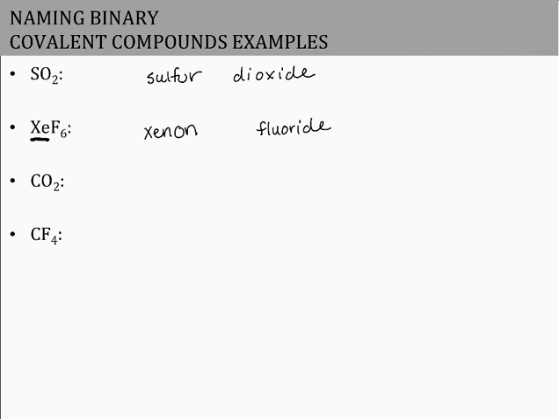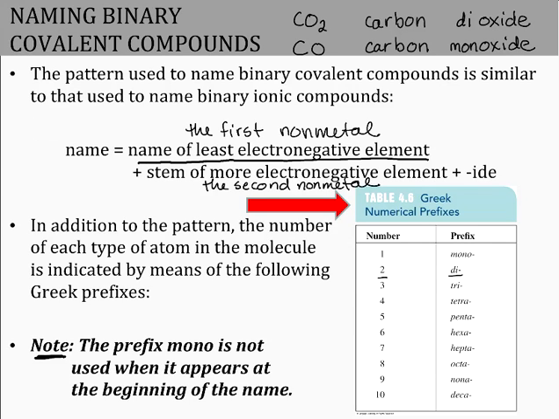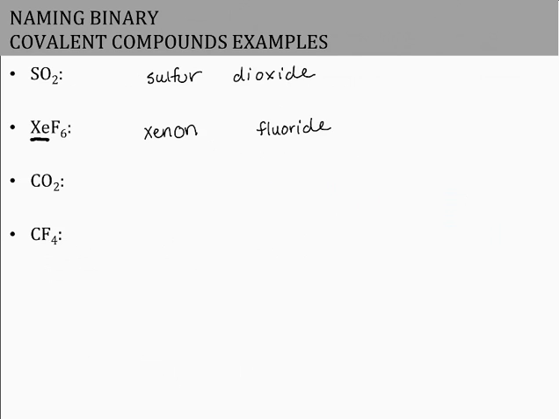So let's go back to that table. So if we go down this table to 6, the prefix is hexa. So we're going to put hexa in front of fluoride. So this is xenon hexafluoride.